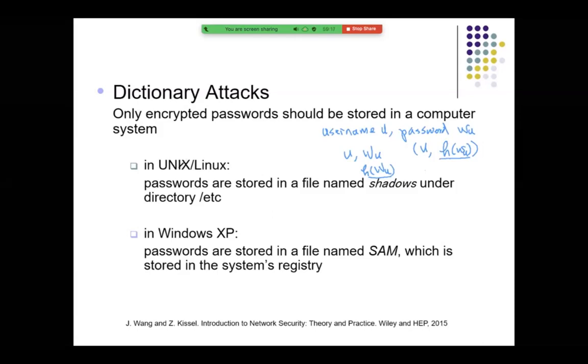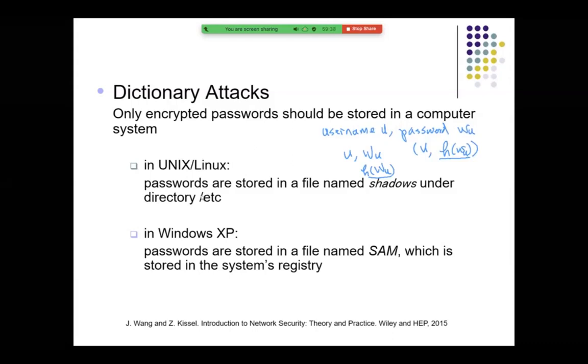In Unix and Linux operating systems, passwords are stored in a file named shadow under this particular directory.